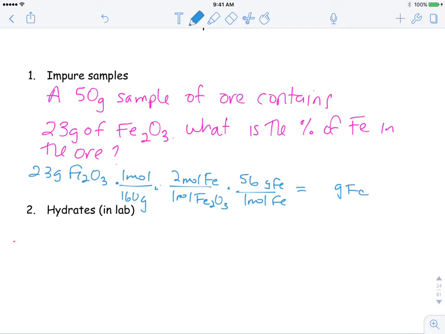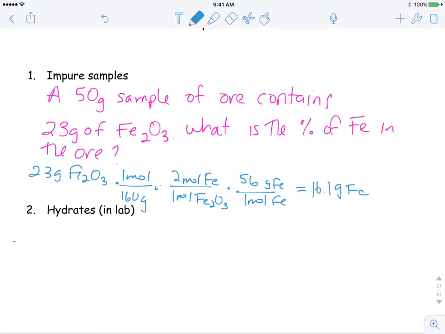So I do that on my calculator: 23 divided by 160, times 2, times 56, and I get that there's 16.1 grams of iron.